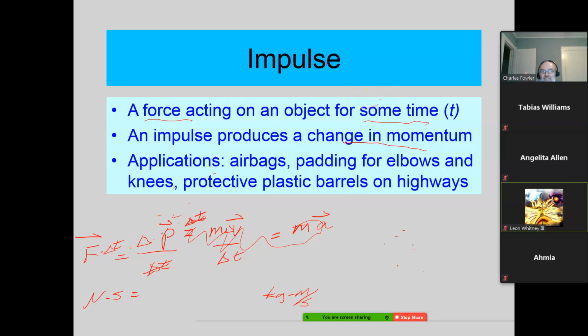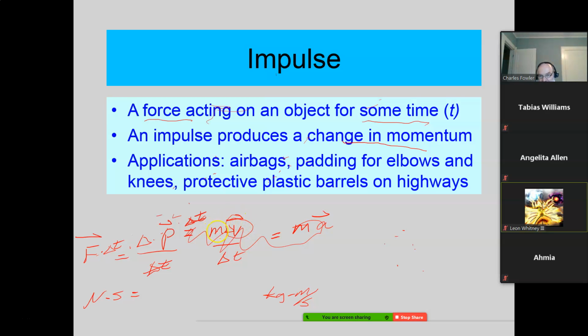Now let's go back to that gymnast. We already mentioned her. When she hit the floor, she had an enormous change of momentum because she was going at a very high rate of speed, a very high velocity.